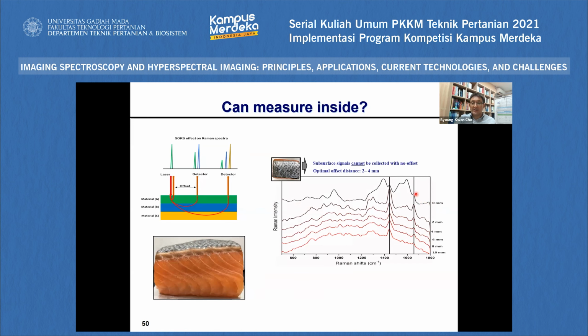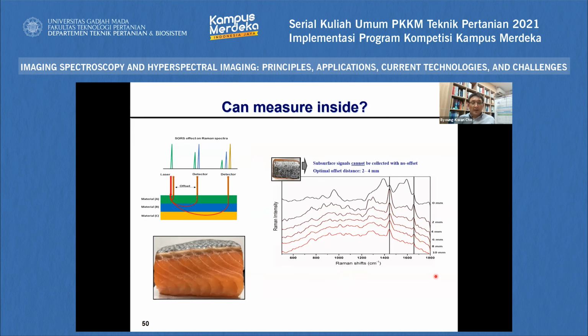This is only the skin Raman signal. If there is a 2 millimeter offset, we could see some peaks from inside the salmon fillet. As the offset is increased, we could see clear peaks this way.